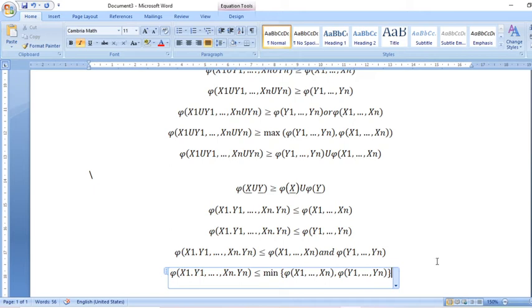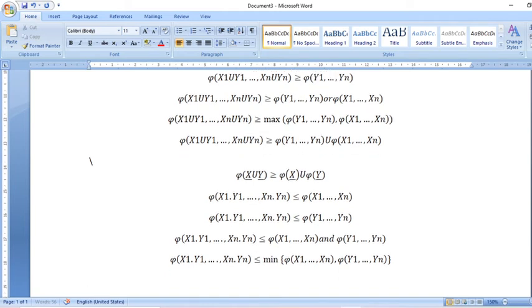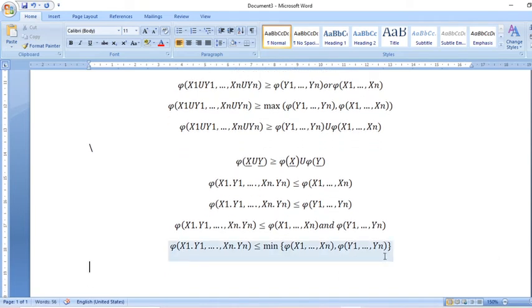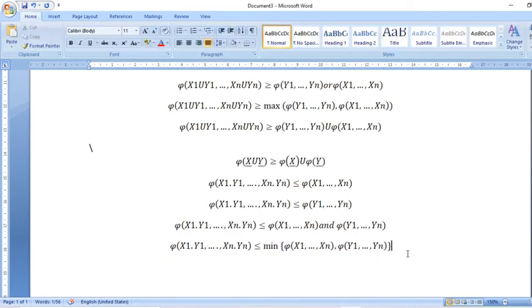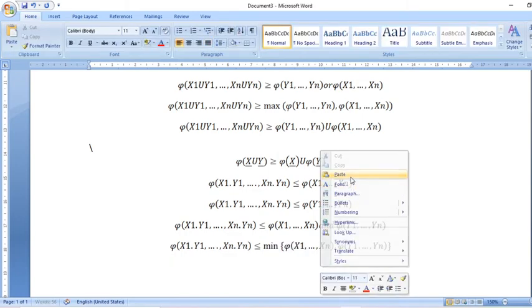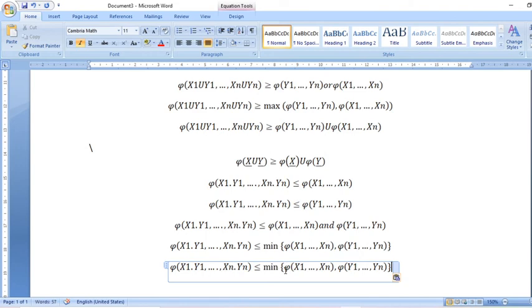What is the minimum in terms of a binary system? Minimum is for the series system. Structure function of a series system can be written as a product. So just remove this one and we can put the dot here.